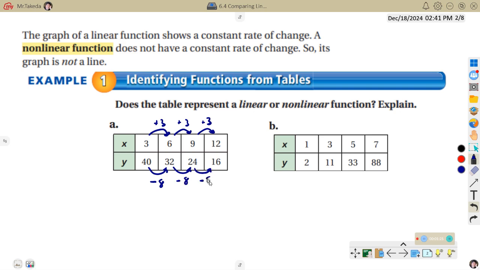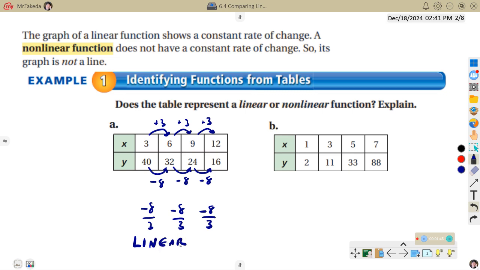Right? And because these are all the same, if I was to do a ratio here of -8 over 3, they all have the same rate of change. And that's what we mean by a constant rate of change. Constant means the same. So these have a constant rate of change, so this is a linear function.